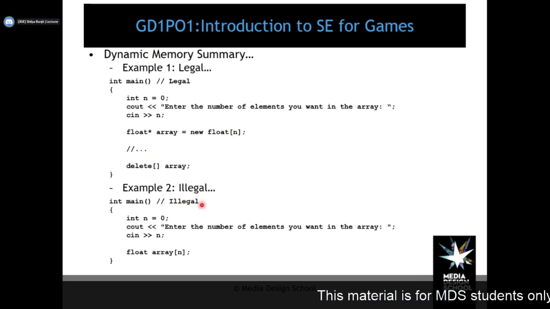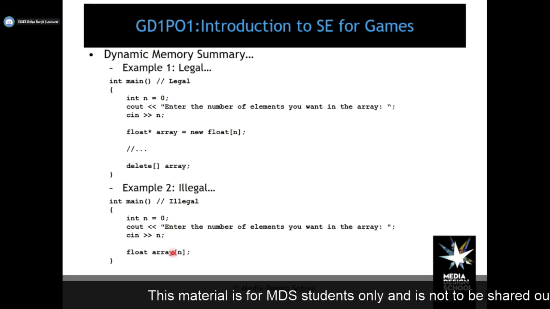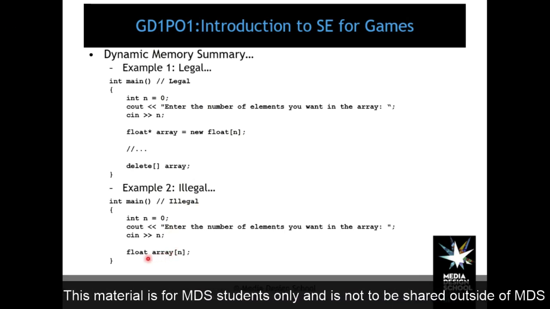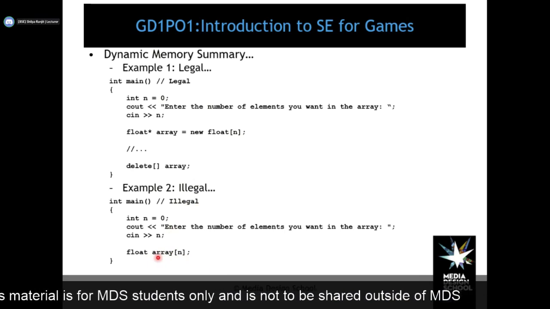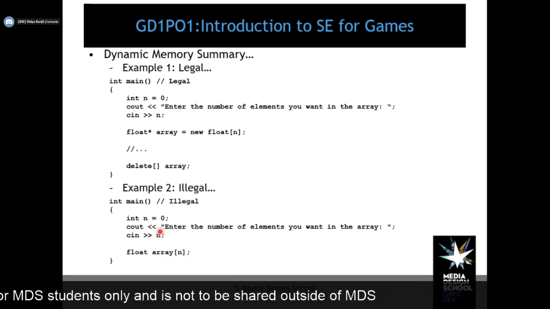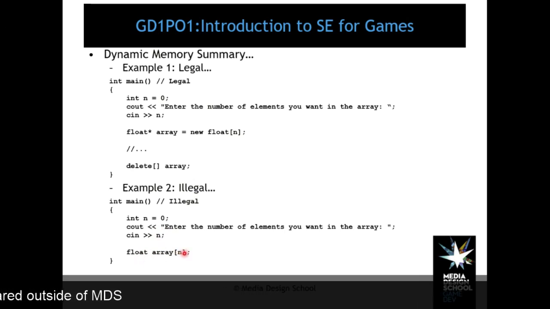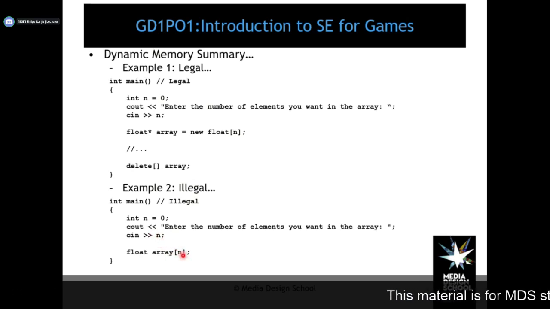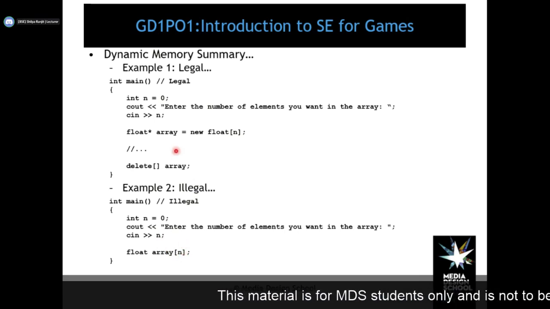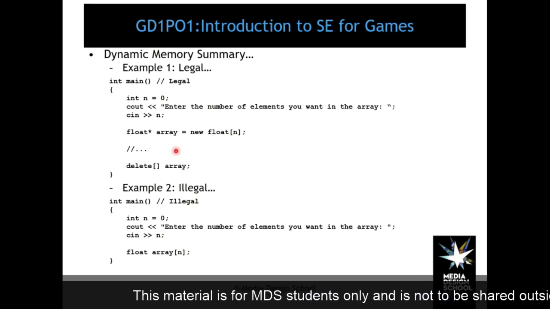And this is an illegal operation if you try to allocate memory using your normal array declaration with the value entered by the user. So if you were to do something like a float array, this is normal stack memory. A normal stack memory cannot allocate memory based on the user input, and that's why this will throw you a compile time error. All right, so this is when your dynamic memory allocation from the heap becomes handy.